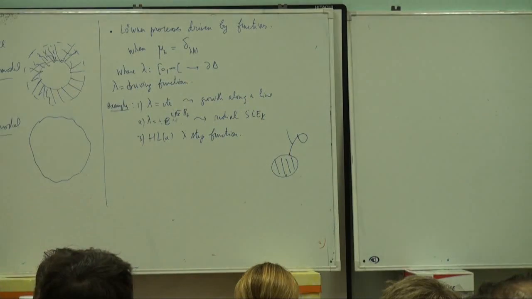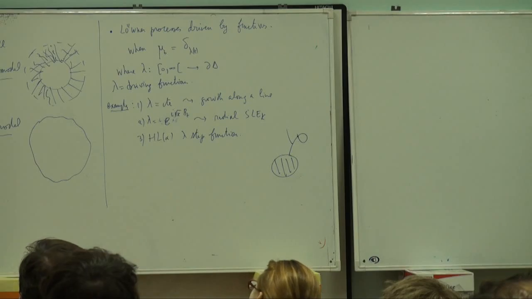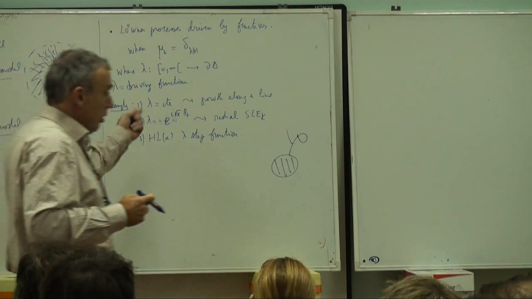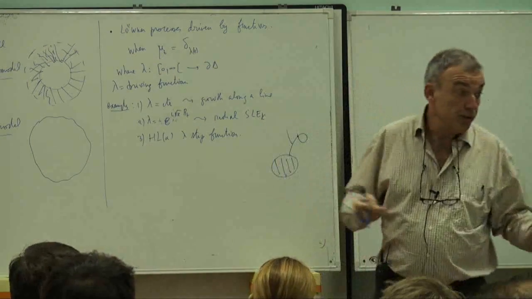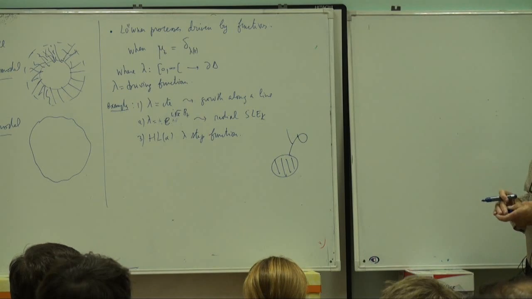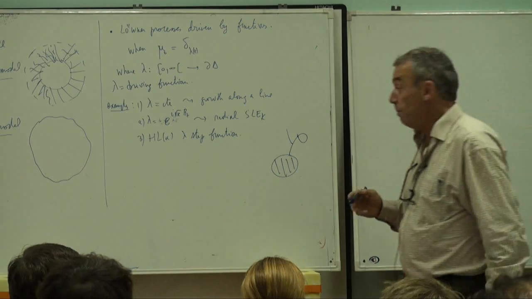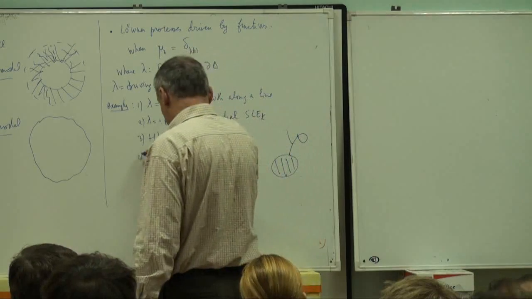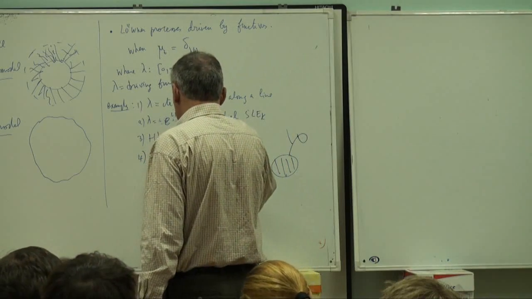Now, when we go down to random driving functions, what is the natural class of random functions? Of course Brownian motion is continuous, but there is a natural class of random processes which have limits from the right and the left at every point: the so-called Levy processes.